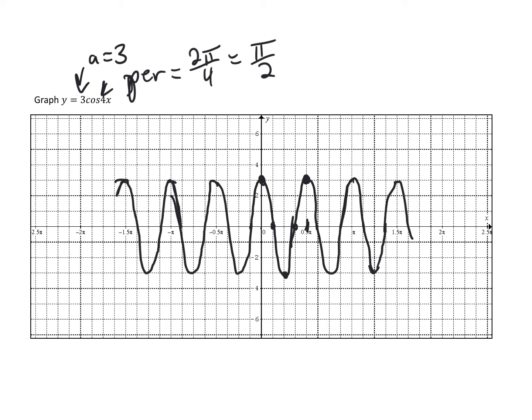Now, you'll notice, if we look at this function, if we had started here and went along, that is just a sine curve. The only difference between a sine curve and a cos curve is that sine starts at the origin, and then cos starts at the amplitude.